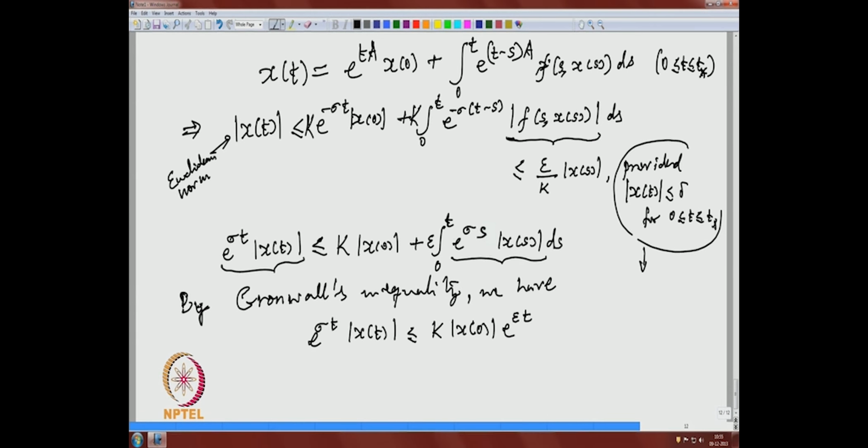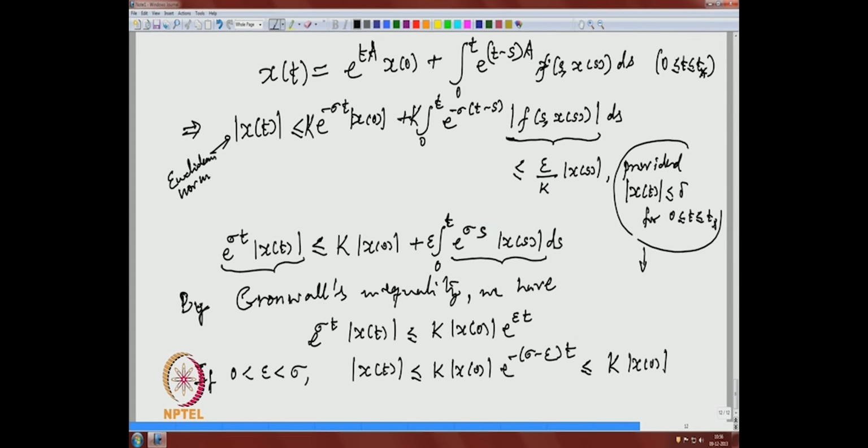Okay. So, if we choose now 0 less than epsilon less than sigma, then we have x t less than or equal to k x 0 e to the minus sigma minus epsilon t, and now with the assumption on epsilon, this is just k x 0.